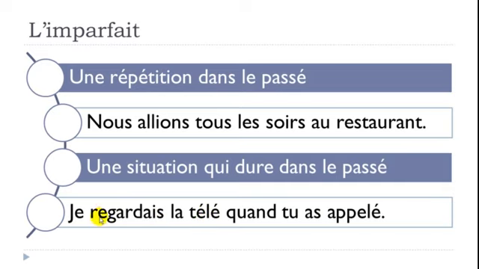So in that case, you tend to use, of course, l'imparfait because it lasts a while when you watch TV. So if it's a movie or something like that. When tu as appelé, okay? So appeler is to call on the phone, for instance. So in that case, you want to make the difference between something that happens and it's an action. So tu as appelé, okay? And then here you use l'imparfait, because it lasts longer. Okay, so je regardais la télé quand tu as appelé.